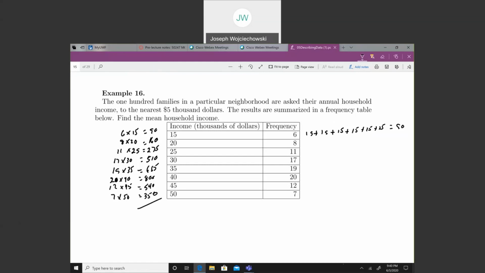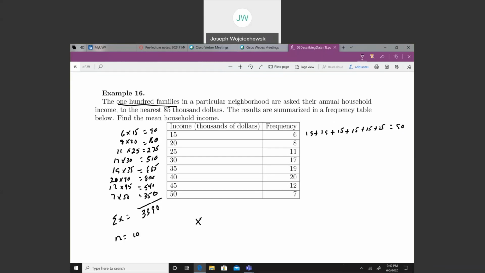90 plus 160 plus 275 plus 510 plus 665 plus 800 plus 540 plus 350, and I get the sum of my x. It says there's 100 families, so n equals 100.